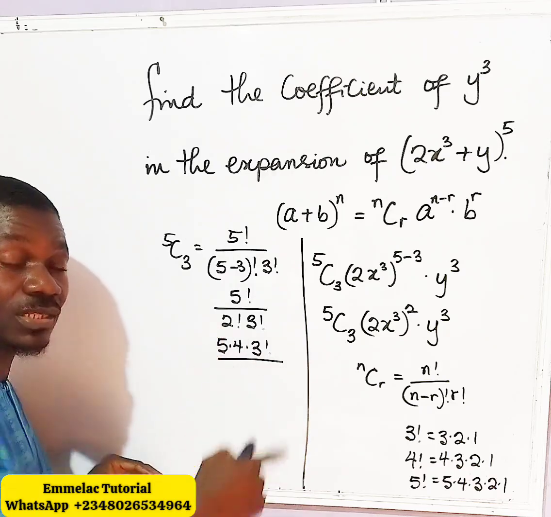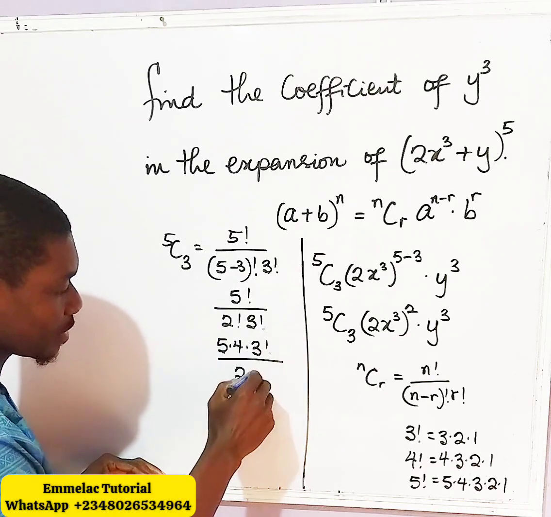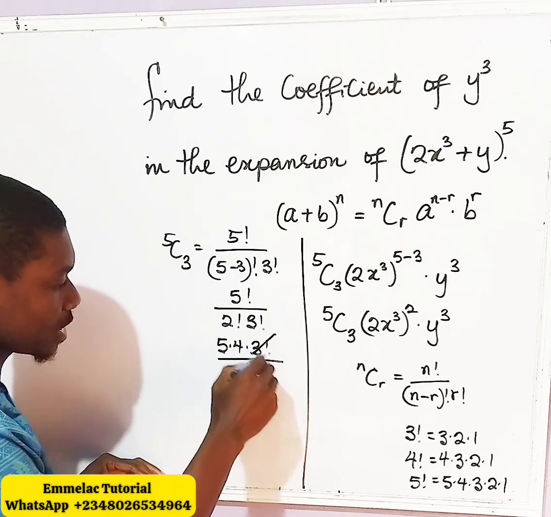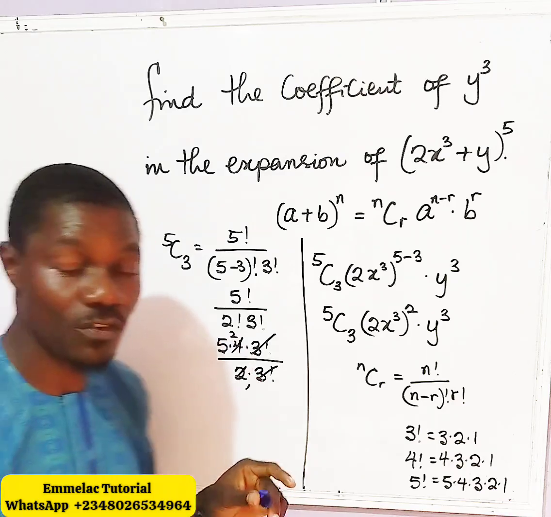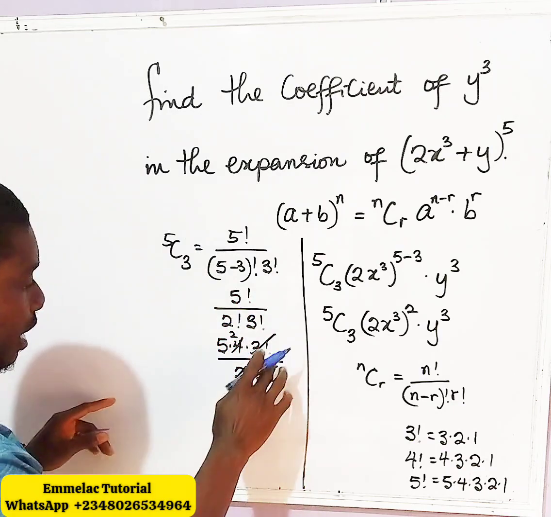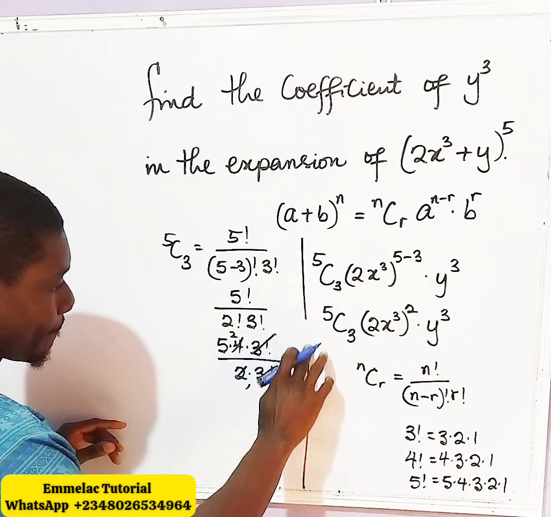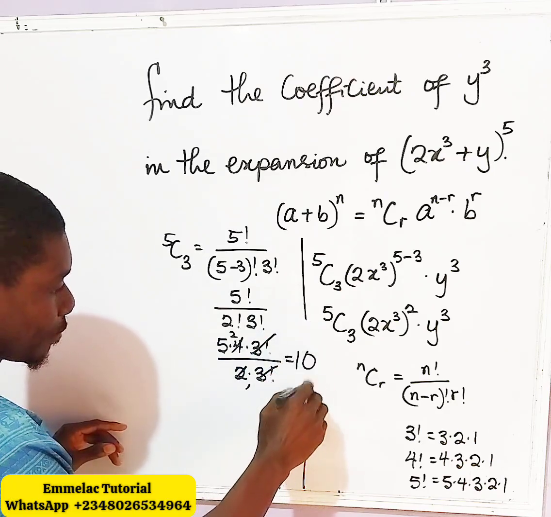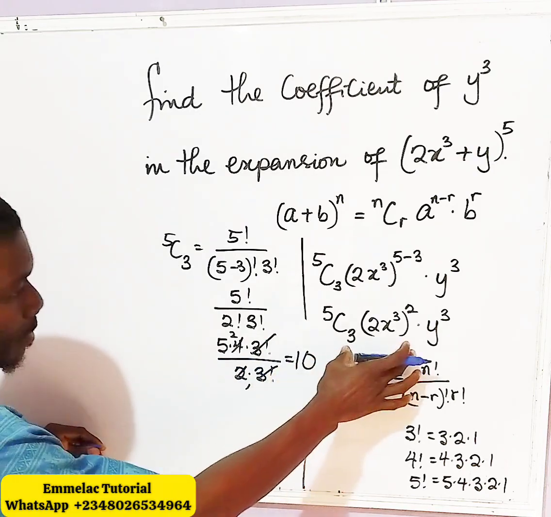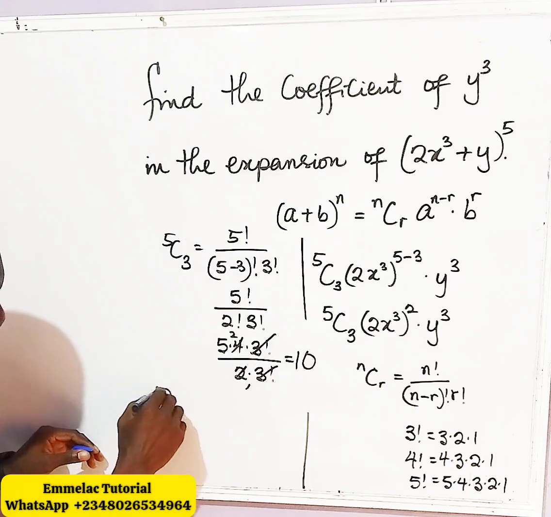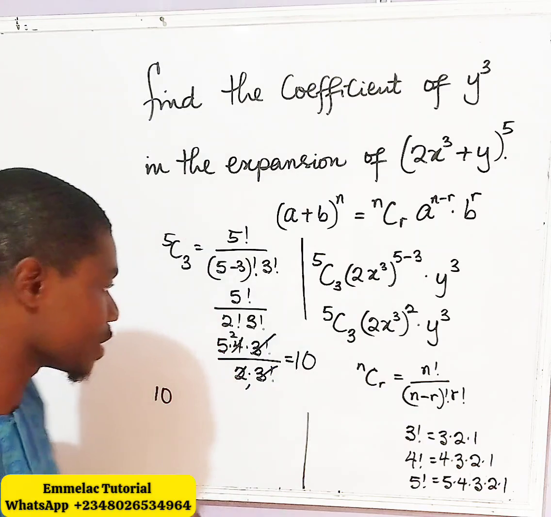Then since 2 factorial is 2 times 1, which is 2, times 3 factorial, this eliminates the 3 factorial. So the whole of 5 combination 3 will just give us 10.